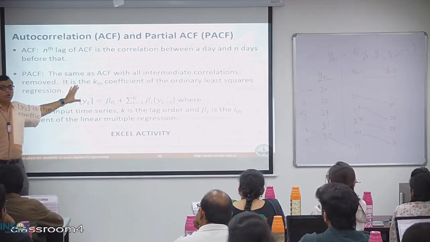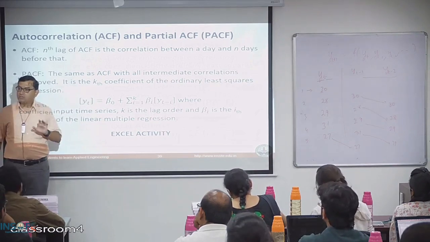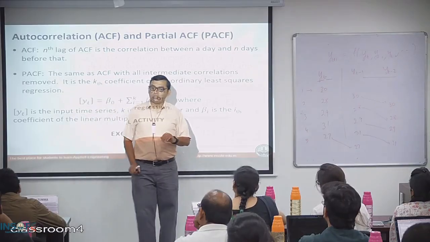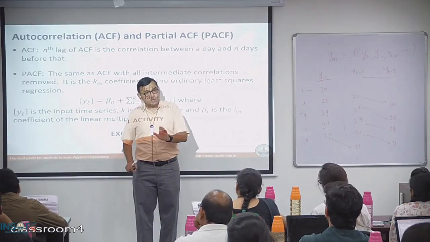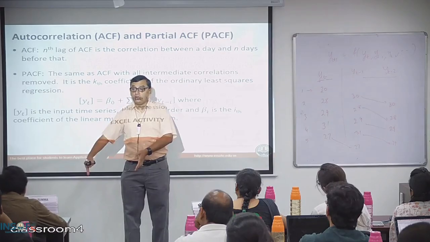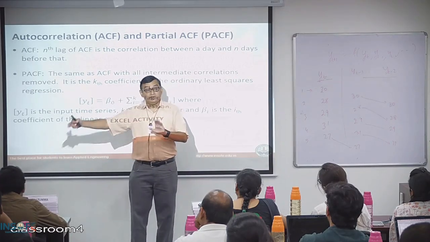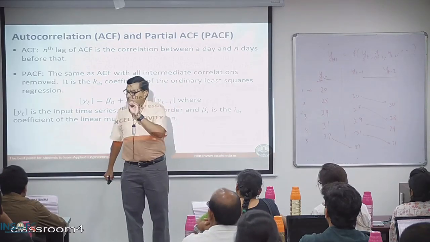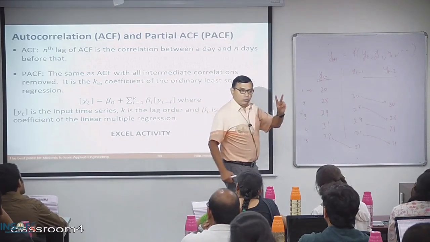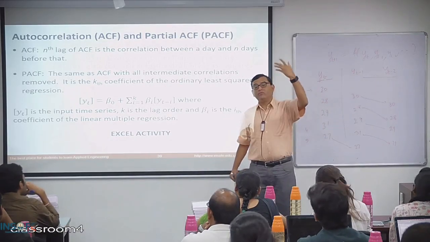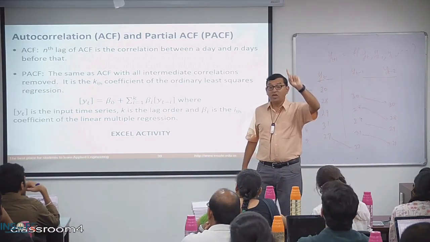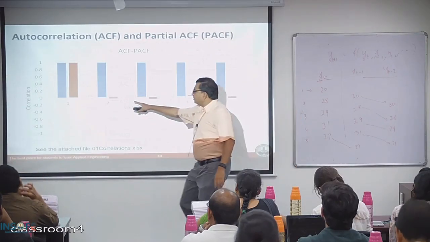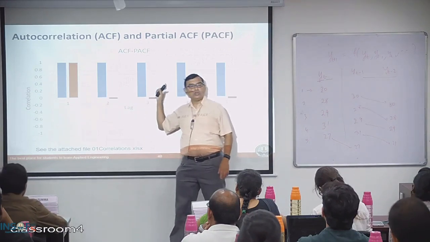What the partial autocorrelation function captures is this: when I say that the 2-day autocorrelation is strong, is it strong because the 1-day correlation was strong, or is there a new strength introduced by this 2-day lag? That's what it's trying to find out. Does the 2-day value provide any extra information beyond what the 1-day autocorrelation gave?